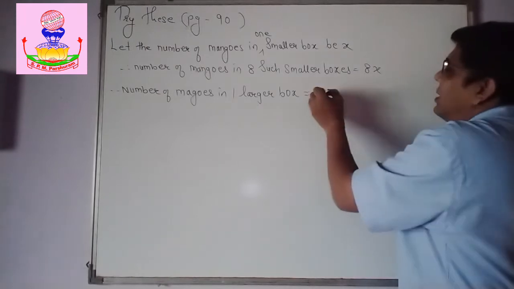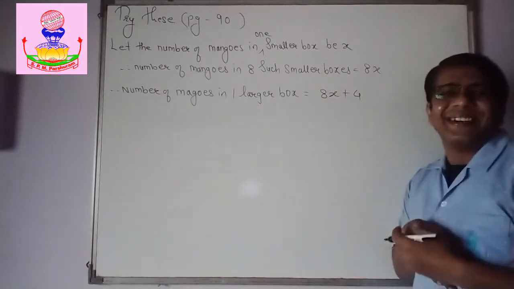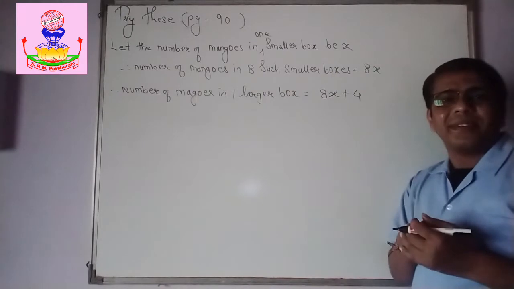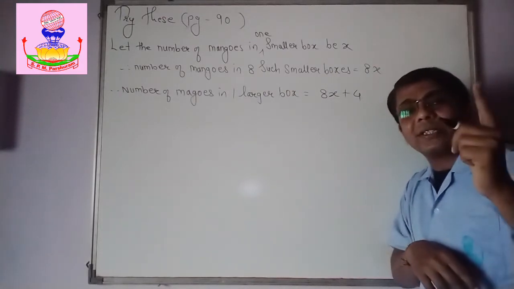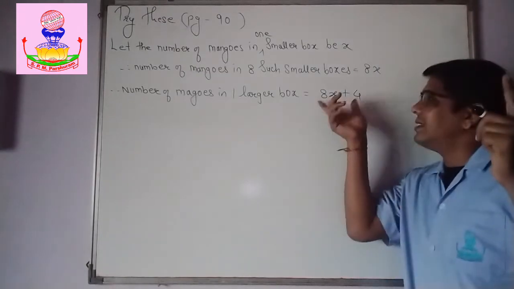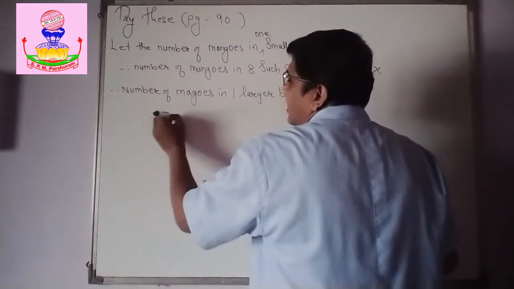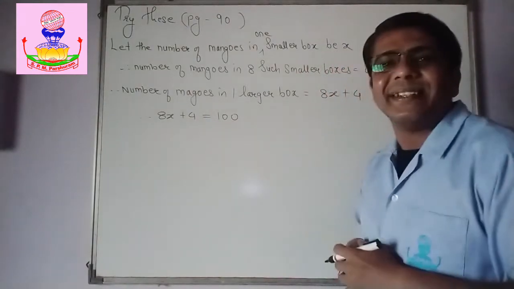Right? So means what? 8x plus 4. Okay. And now, it is given that the number of mangoes in one larger box is 100. Right? So this is equal to 100. So therefore, 8x plus 4, that is equal to 100.